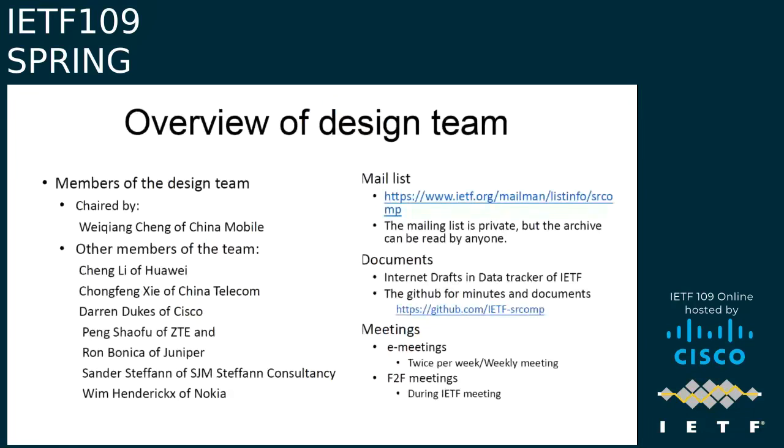Here is some overview of the design team. I think the team was set up this July. Now we have 8 team members: Chen Li from Huawei, Chong Feng from China Telecom, Darren from Cisco, Shao Fu from ZTE, Ron Bonica from Juniper, Sander from SGM, Wim from Nokia, and I from China Mobile.